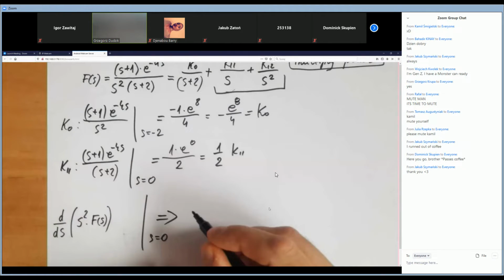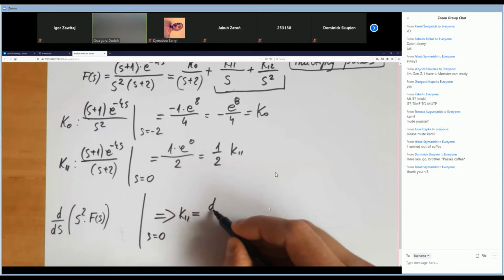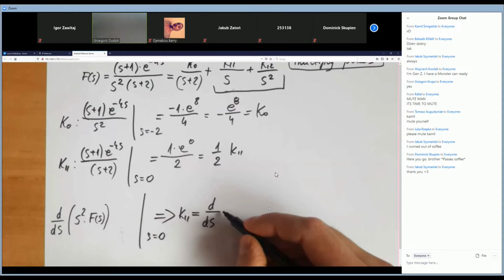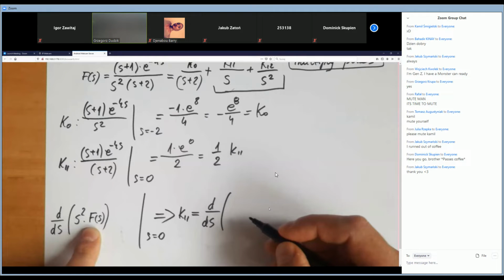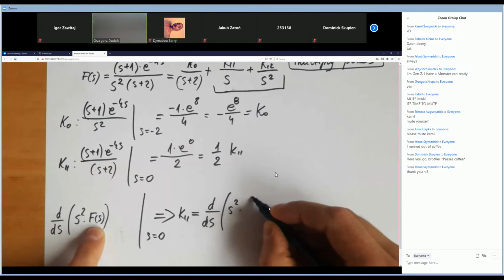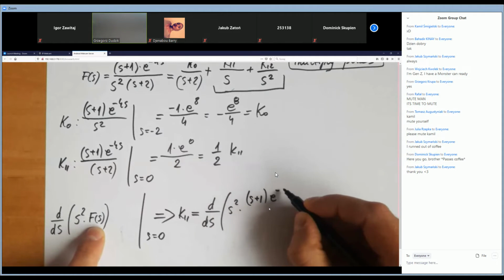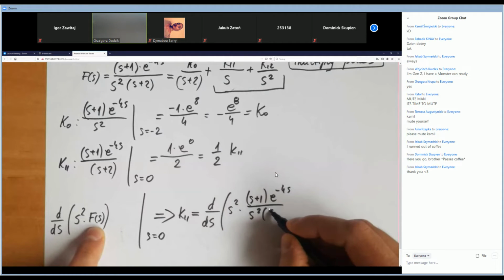So the k11 will be equal to the derivative with respect to s of s squared times the F(s) function, which is (s plus 1) times e to the power of minus 4s over s squared times (s plus 2).